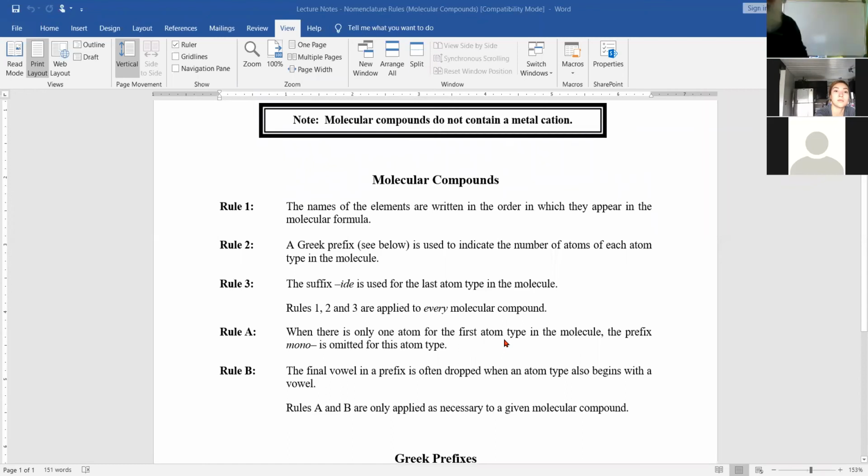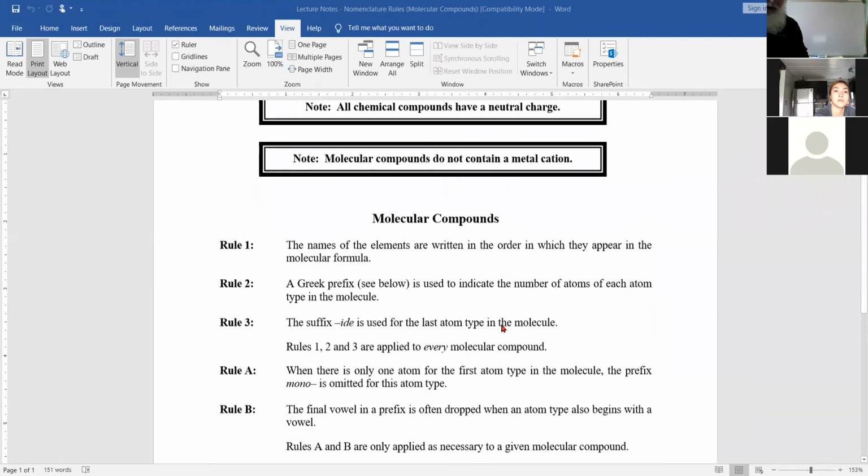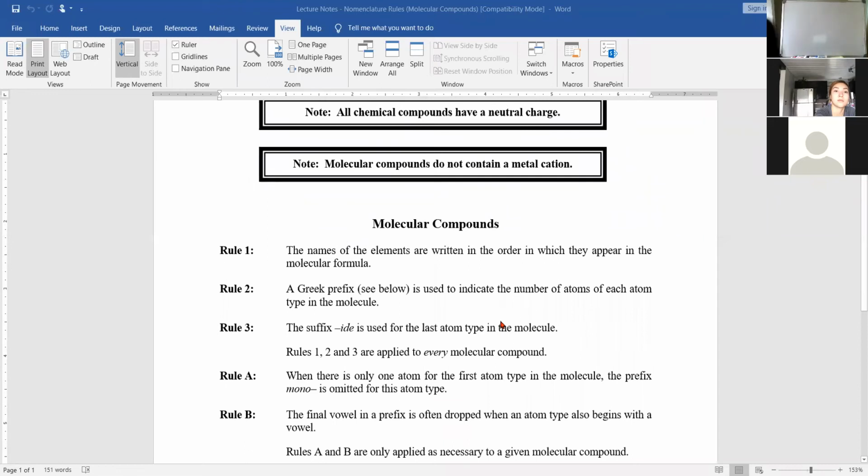So we take a look here. First, all chemical compounds have a neutral charge. We already learned that last week. Molecular compounds do not contain a metal cation. So this is one way of looking at a chemical formula and right away telling whether it's an ionic compound or molecular. Most ionic compounds begin with a metal because we always put the cation first.